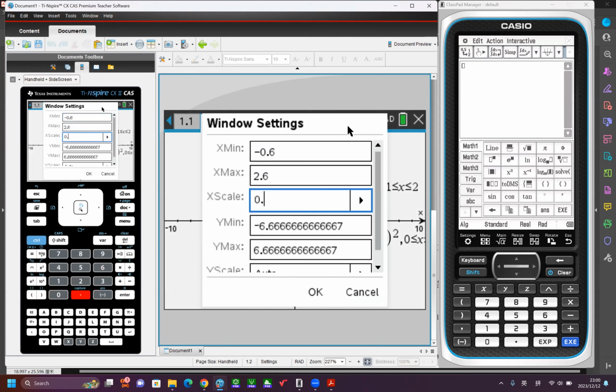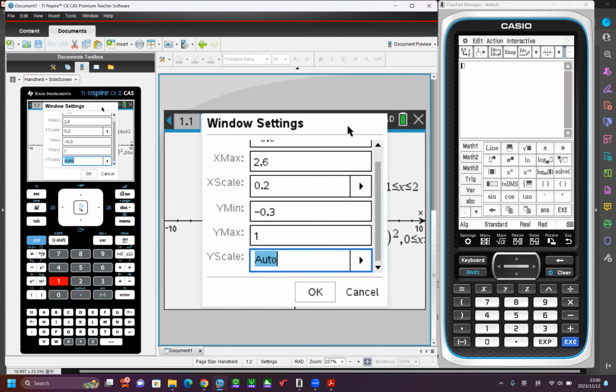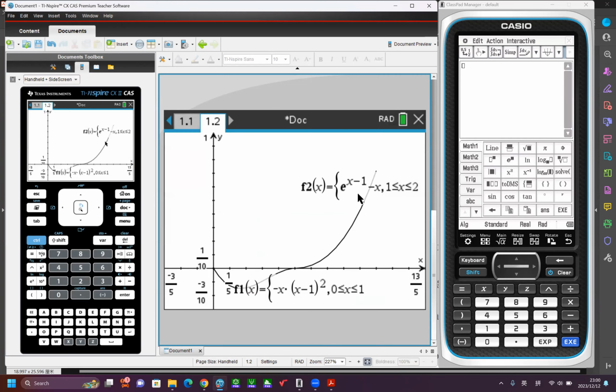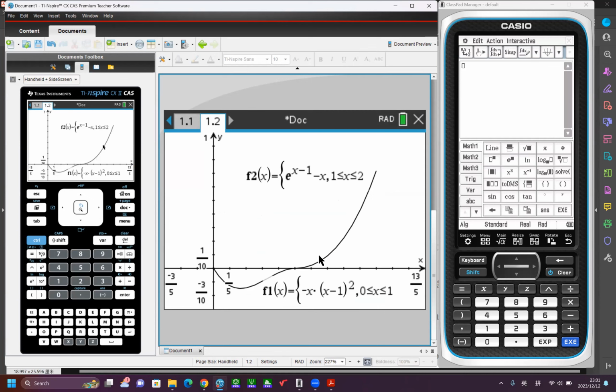X scale, let's use 0.2. Y minimum, -0.3. Y maximum is 1. And Y scale is 0.1. And that gives me a better understanding of these two curves, okay?